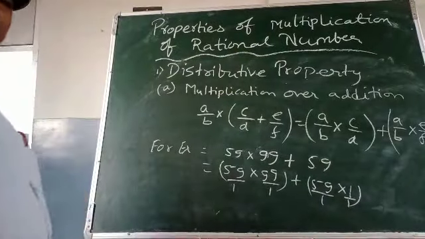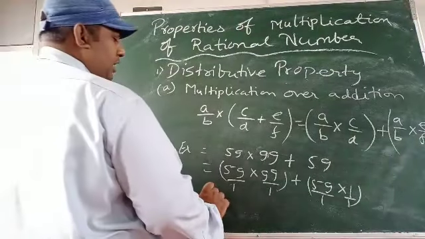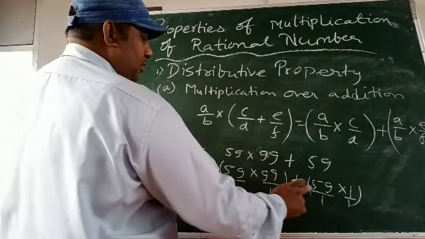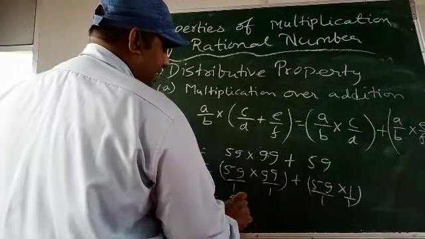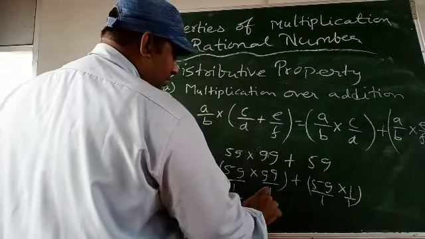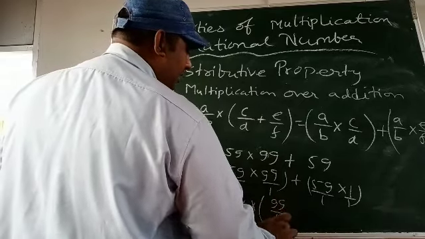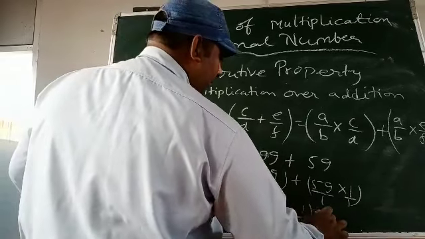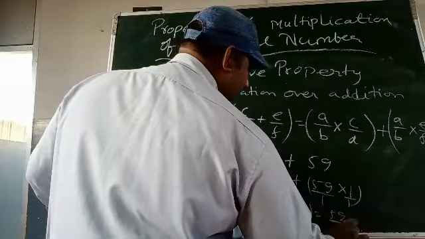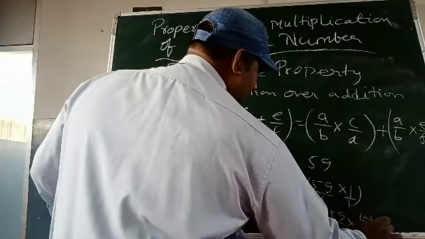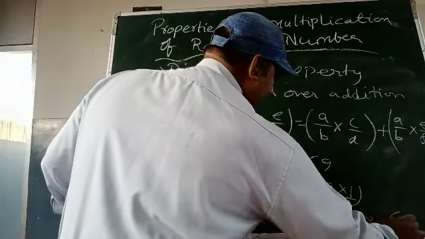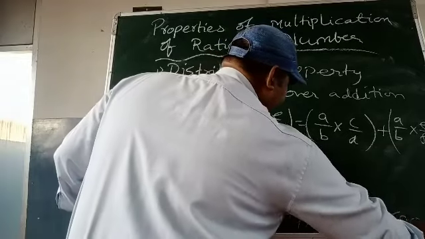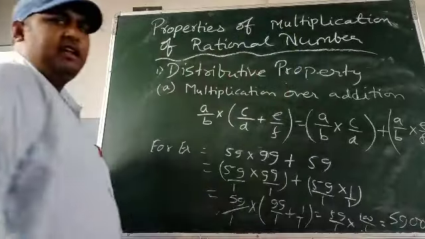So it will be 59 by 1 into 99 by 1 plus 1 by 1, means 59 by 1 into 100 by 1. That will be 5900, your answer.